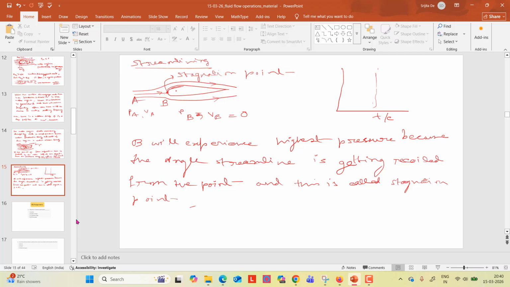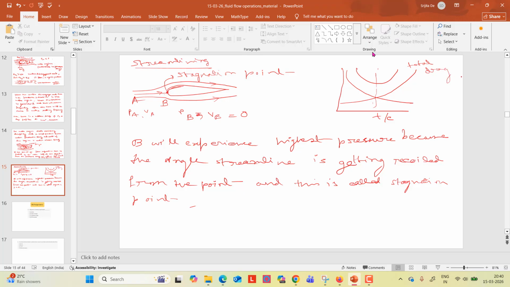So this is T, this is L. So shear drag will go like this, pressure drag will go like this, right? With the distance. So this is the total drag.